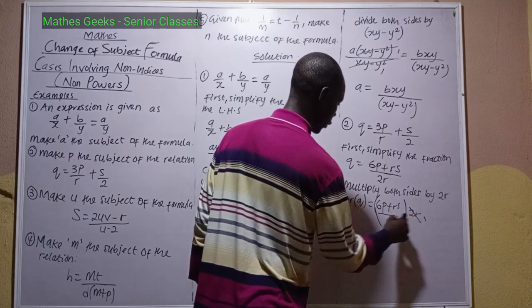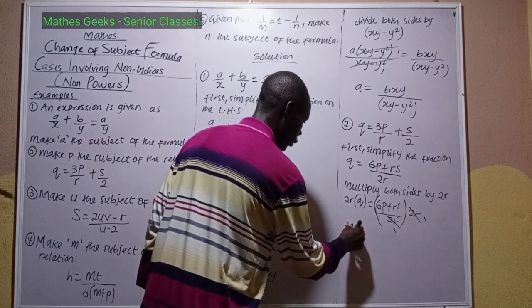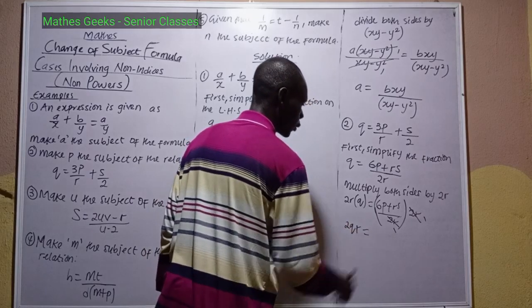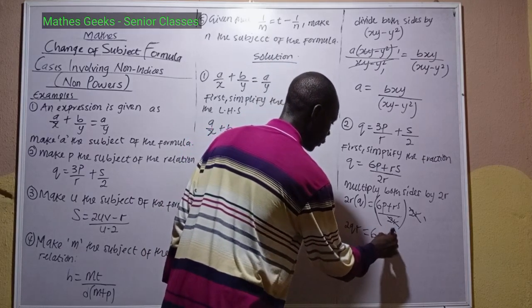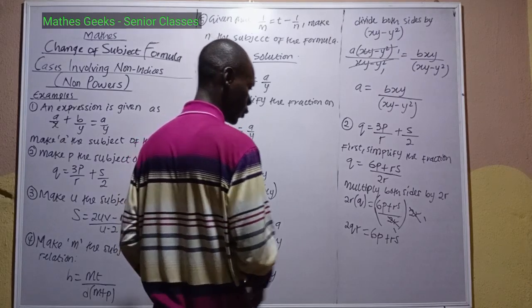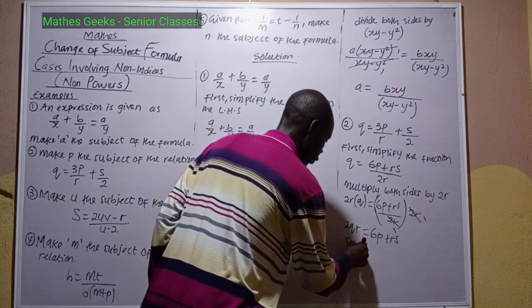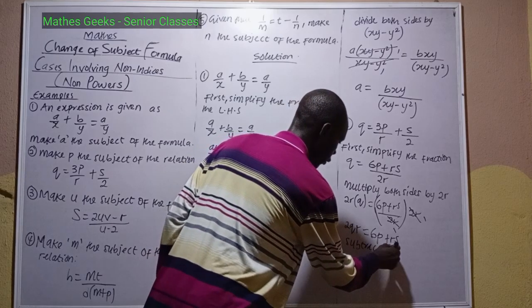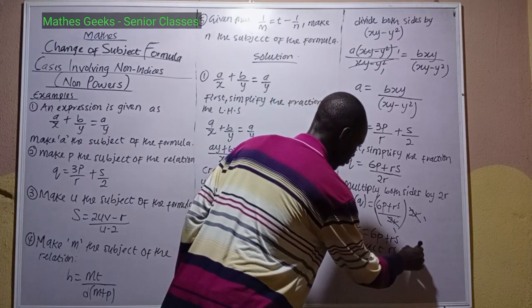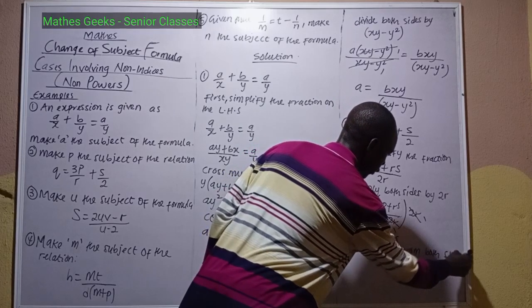So 2QR equals 6P plus RS. We are going to make P the subject of the formula, so we need to eliminate RS from here. This is subtract RS from both sides.